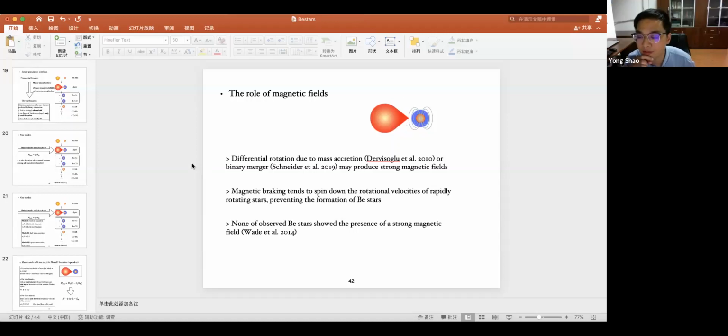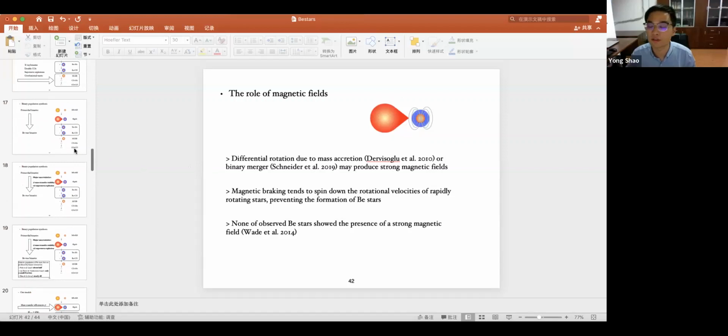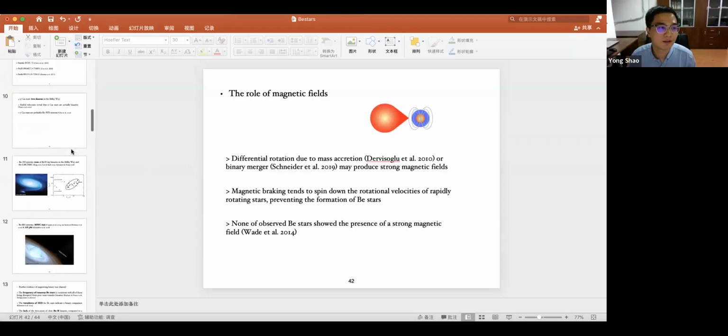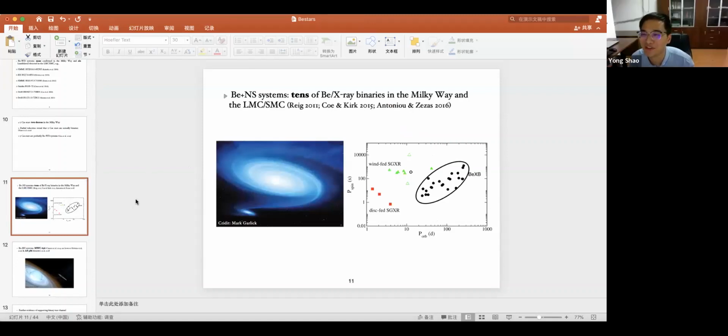Sorry, Be stars are what? The H-alpha emission. I know it's from the disk, but the question is, why does the disk sometimes appear and sometimes disappear? Oh, appear and disappear. This may be related to the activity. Yes, you're right. For Be X-ray binaries, I know little about the physics of the decretion disk.